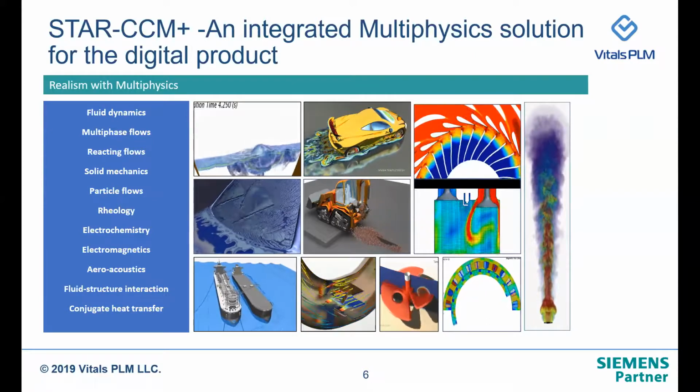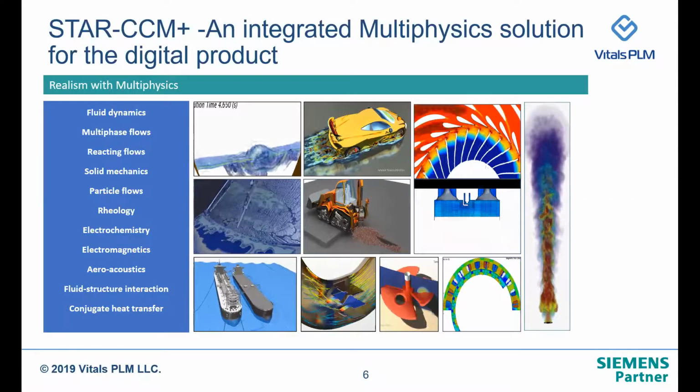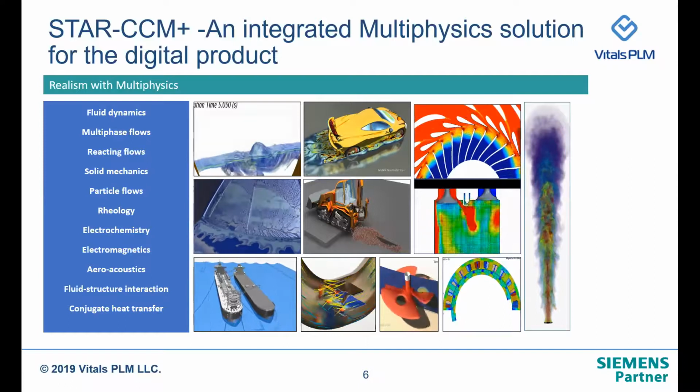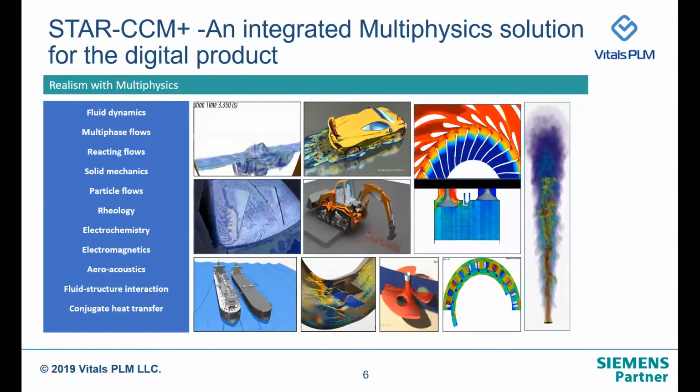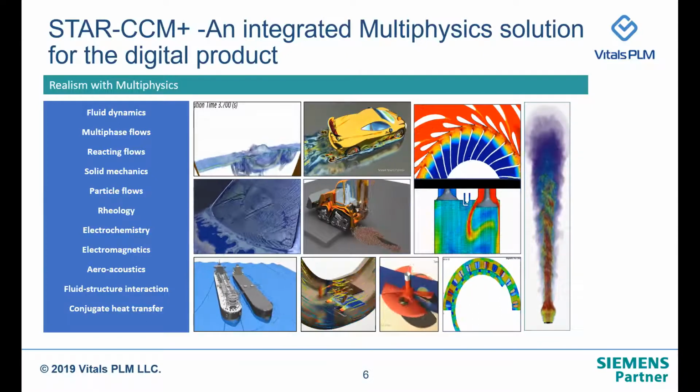And finally, we see an example from electric machines where the rotor is rotating against the stator, along with the fluid dynamics. So the electric field equations are also solved.